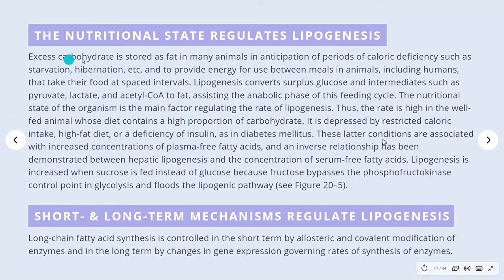It is excess carbohydrate is stored as fat, in many animals in anticipation of periods of caloric deficiency. Just like us, when we have plenty of produce, plenty of rice, plenty of corn, we have to put it in the granary, no? Storage. Your body can also do that. Your carbohydrate is stored as fat in your adipose tissue.